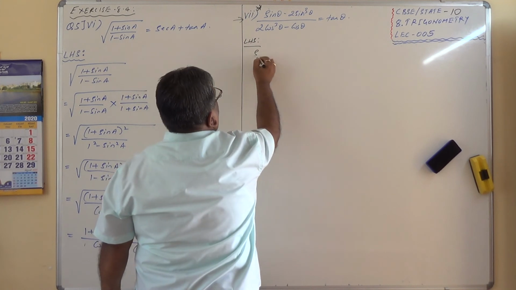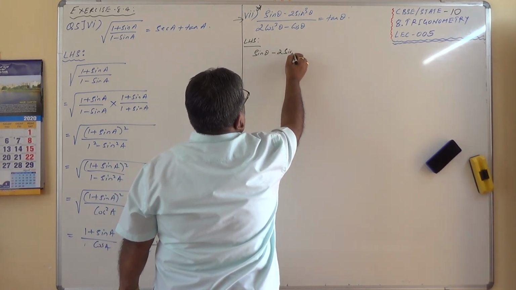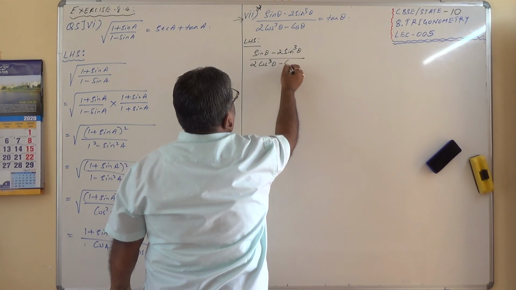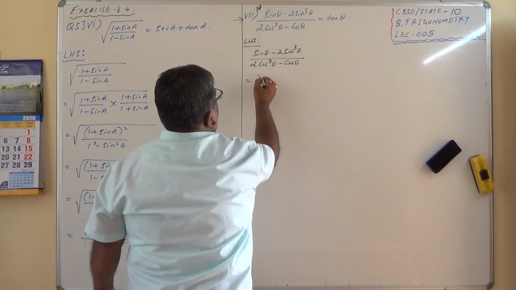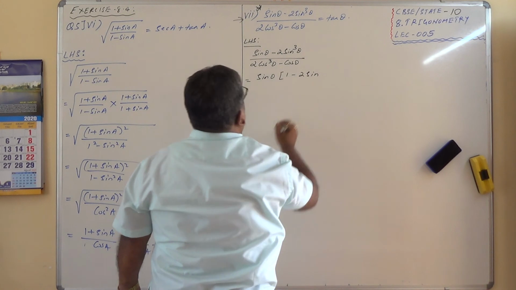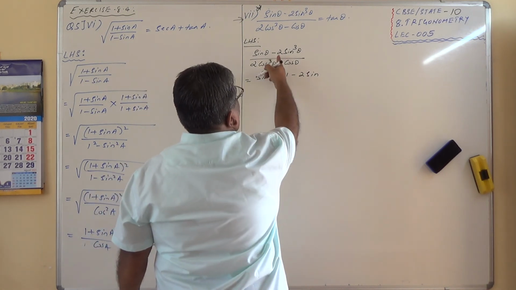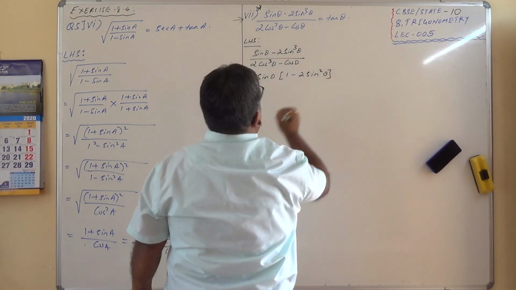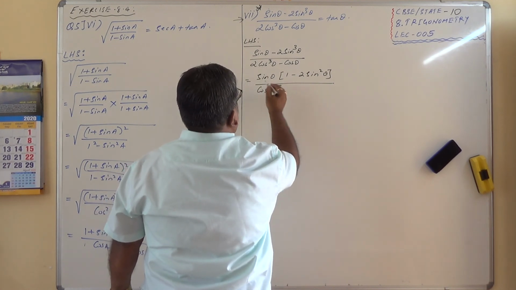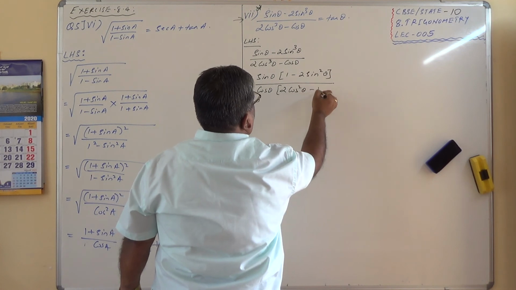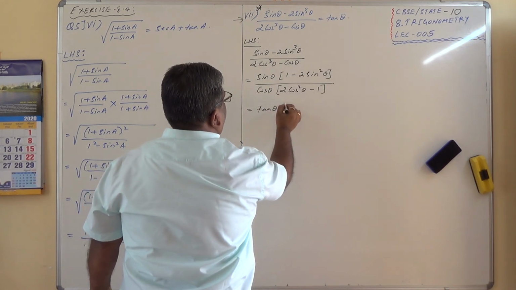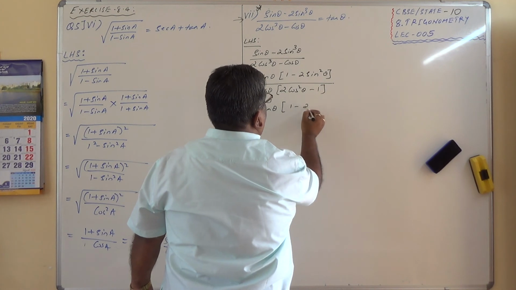So LHS is sin theta minus 2 sin cube theta divided by 2 cos cube theta minus cos theta, which equals sin theta into bracket 1 minus 2 sin square theta, I have taken common, divided by, here I am taking cos theta into bracket 2 cos square theta minus 1, which equals sin theta by cos theta is tan theta into bracket 1 minus 2.